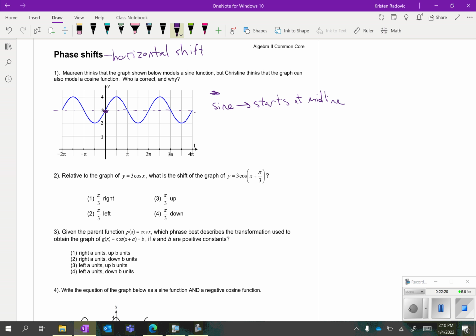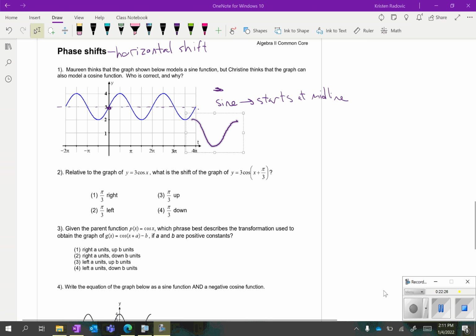But one can argue that's also a cosine function, if you think about it. So if I were to take a cosine function, here is a cosine function because it starts at the maximum, right? So I can make this look like it's this blue curve if I were to shift my maximum over just a tiny bit to the right.